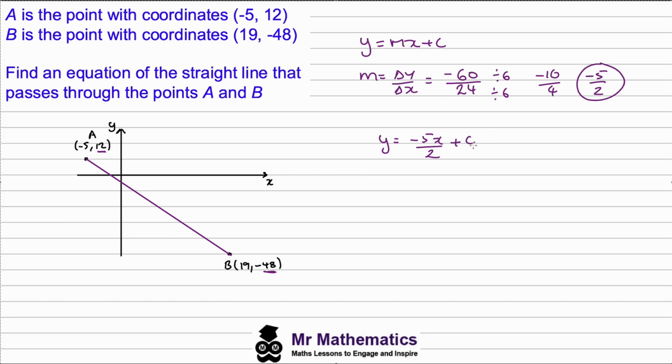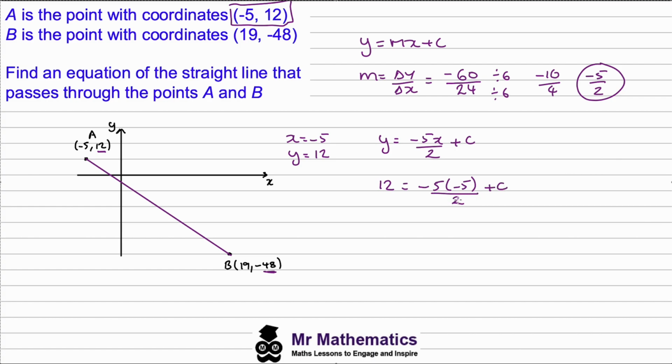And to work out c, we can substitute in either of these coordinates. I'm going to choose this one. So x will equal negative 5 and y will equal 12. So 12 will equal negative 5 multiplied by negative 5 over 2 plus c.